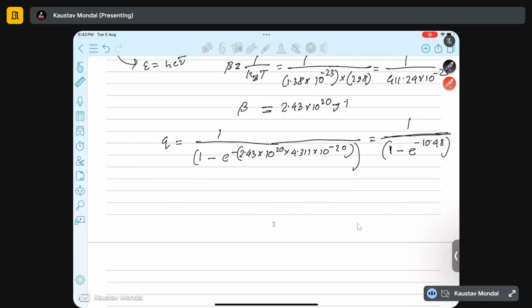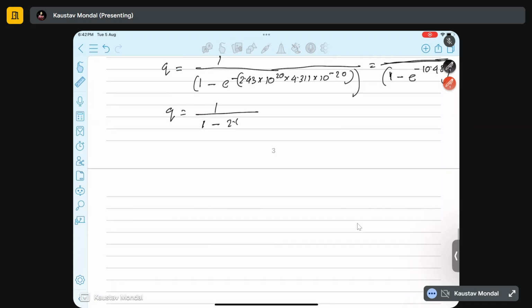Now this is not complete, we want to get a value, right? So if we simplify it more, e to the power minus 10.48 will give you 2.8 into 10 to the power minus 5.